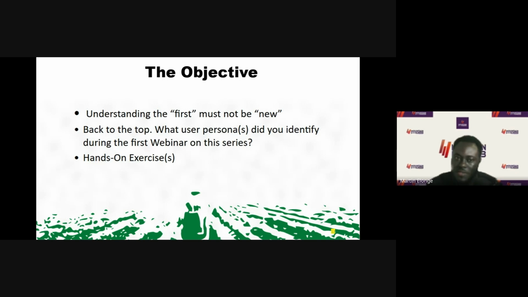The other objective of this is to take us back to the top. When we started, I tried to take us backwards to the session on developing personas. It was not just on personas, but on from prototype to MVP. In it you learned about defining the persona of your business, of your customer segments.